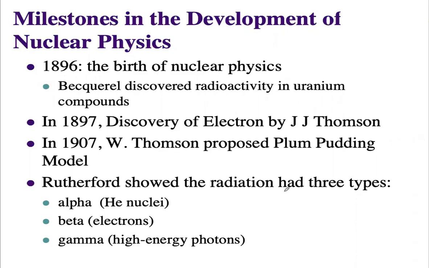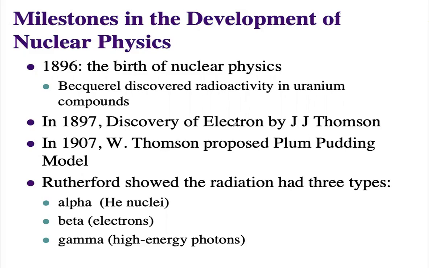When they applied an electrostatic potential to metal plates, J.J. Thomson found that the particles ejected from the negative electrode were affected by the electric field. So these are the electrons.